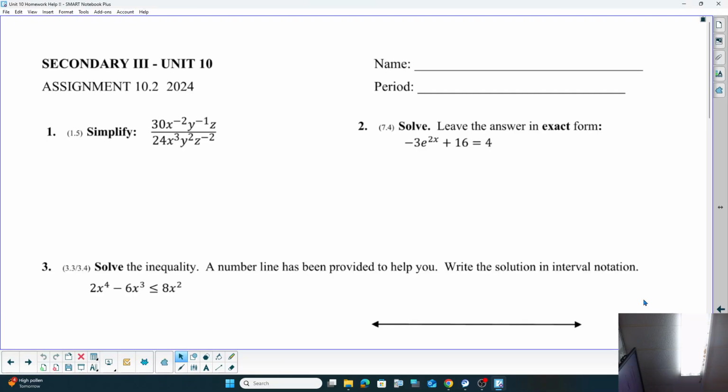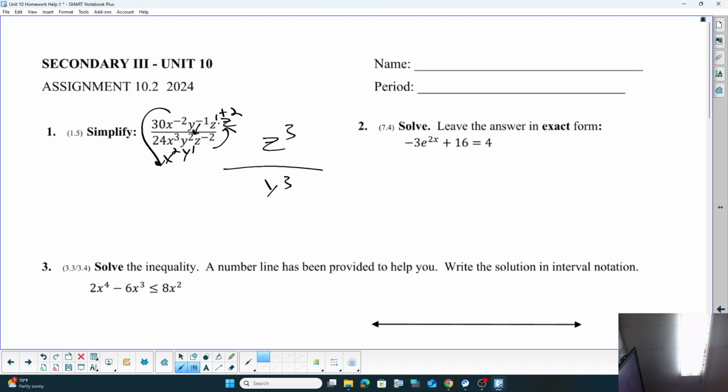We are working on 10.2. That's a good review problem. So don't forget that things go up and become positive, and then we add the powers. So we have z to the third power on top, and then y is negative and it comes down. So then we have y to the third on the bottom, and then x to the negative 2 comes down, and you make it positive.